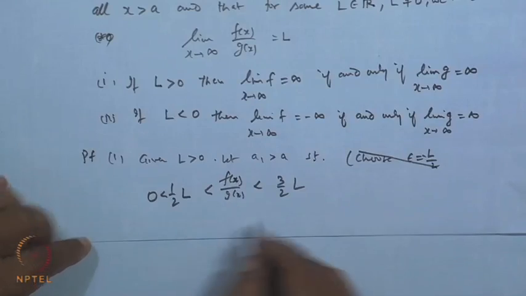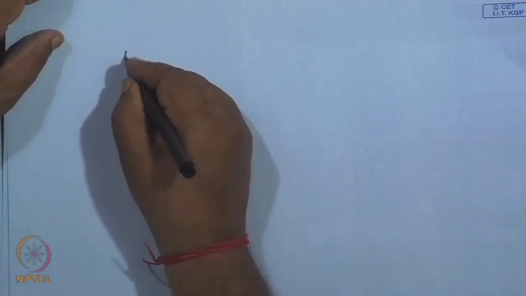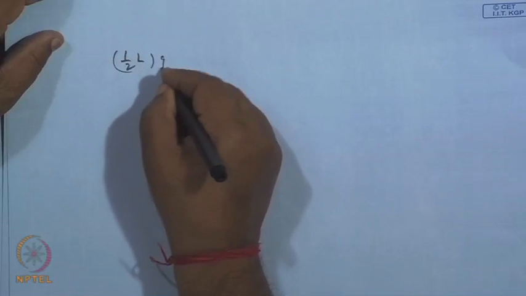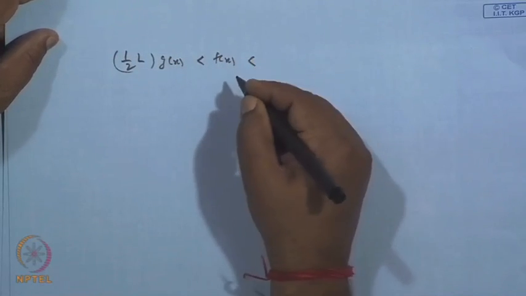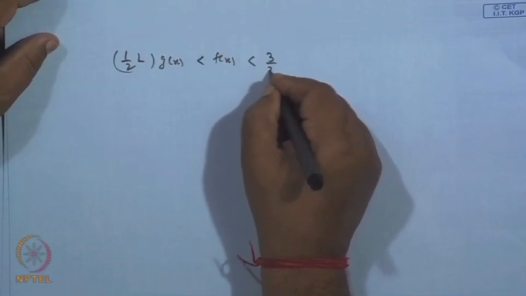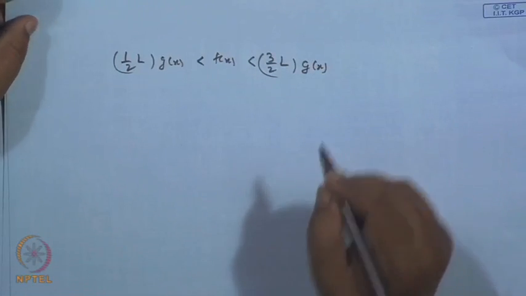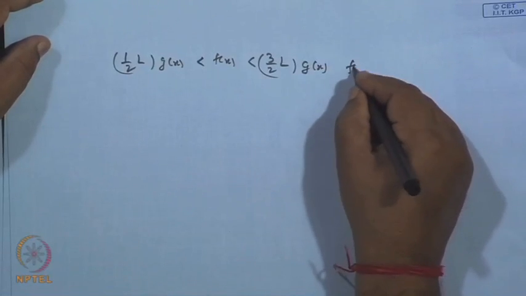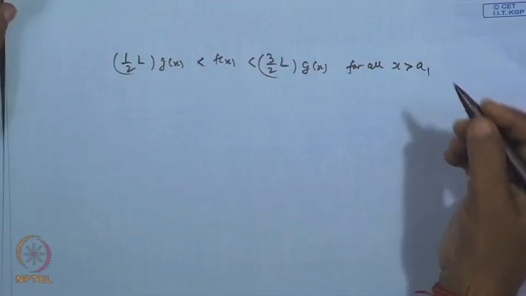Therefore, multiply by g(x), because g is given to be positive. We get half L into g(x) is less than f(x), which is less than 3 by 2 L into g(x), and this is true for all x greater than a1.